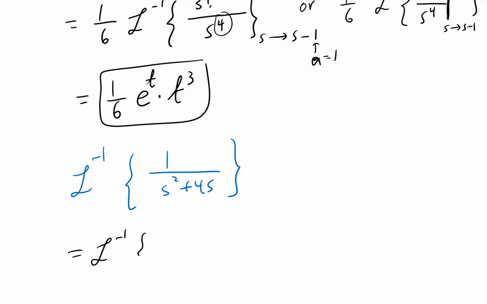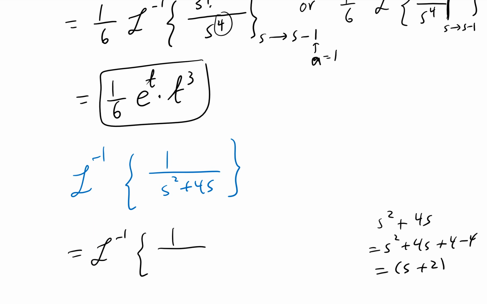Inverse Laplace. As you can see, you can factor s out, but then s times s plus 4, you can do partial fraction decomposition, but in this case, I think we should do completing the square. So on the side, s squared plus 4s, you can add and subtract 4. So that becomes s plus 2 squared minus 4.